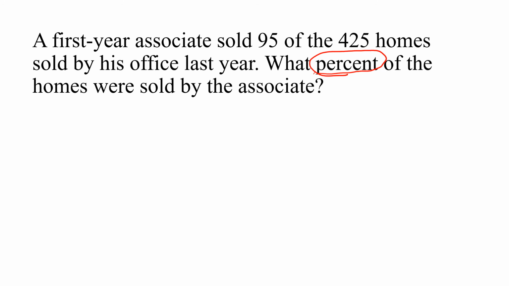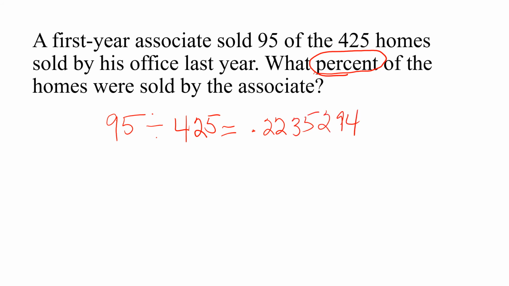So what we're going to do is take 95 out of, or divided by, 425. 95 divided by 425 equals 0.2235294 times 100, and I'm going to leave that at just the whole percent, so I'm going to round this part, which is a 3, so that means times 100 is 22%.